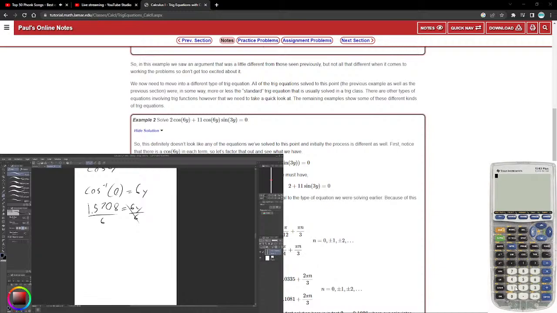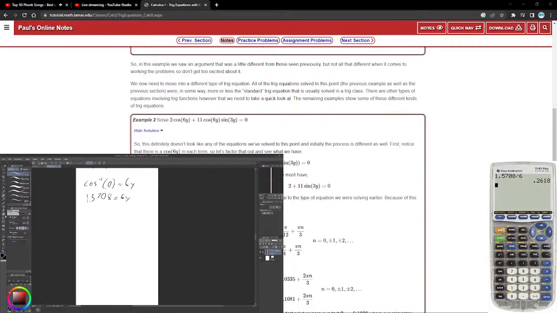Did that thing again, nice. 1.5708 divided by 6. Y equals, I don't want to divide by 6 yet, actually. Pull up my unit circle.